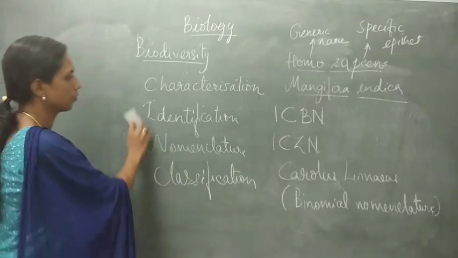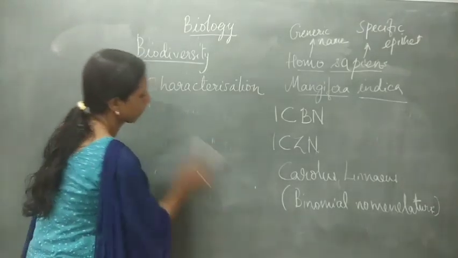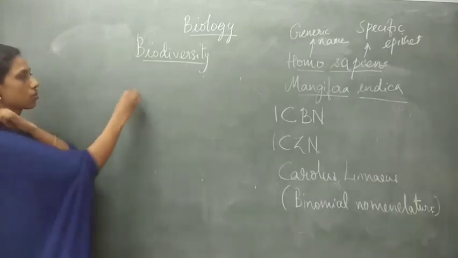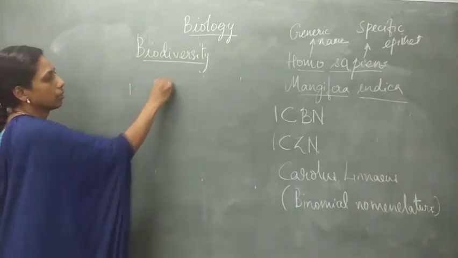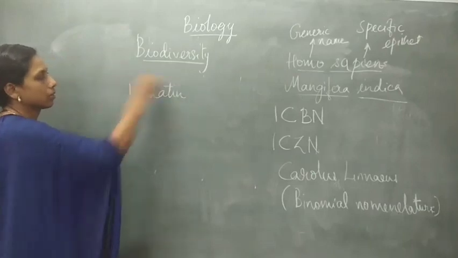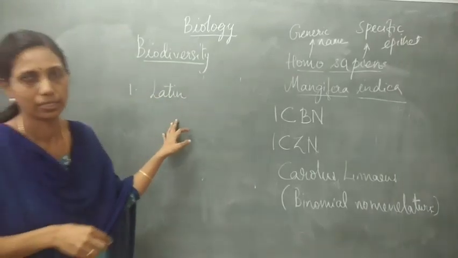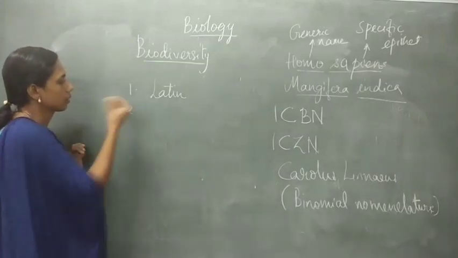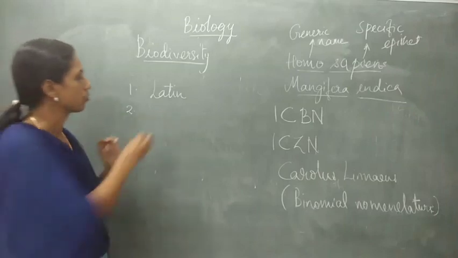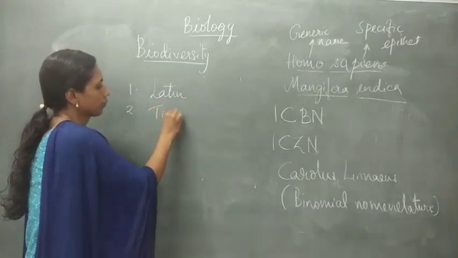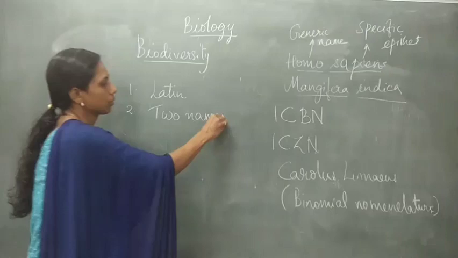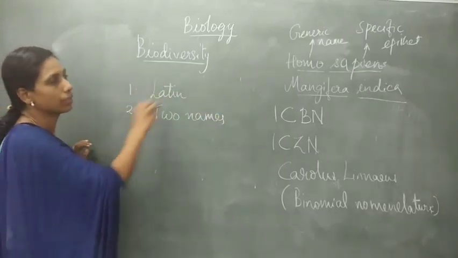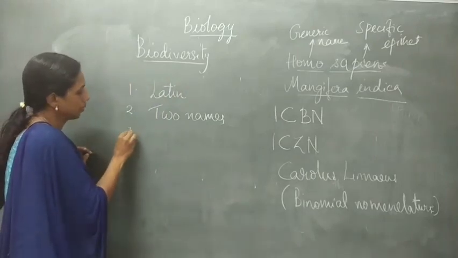We come to the rules of nomenclature. The first one is that they are written in Latin, originated from Latin. Second, they consist of two names, that is a specific epithet and a generic name.